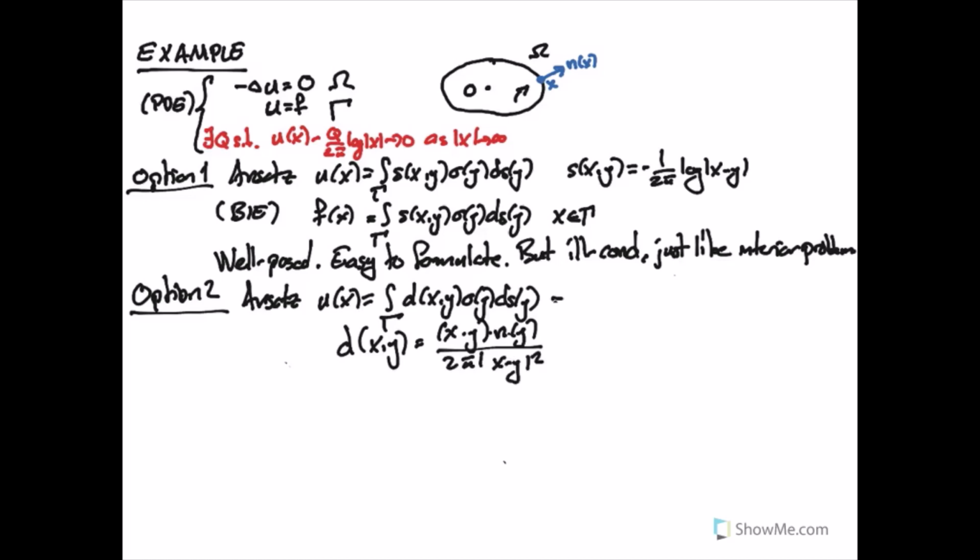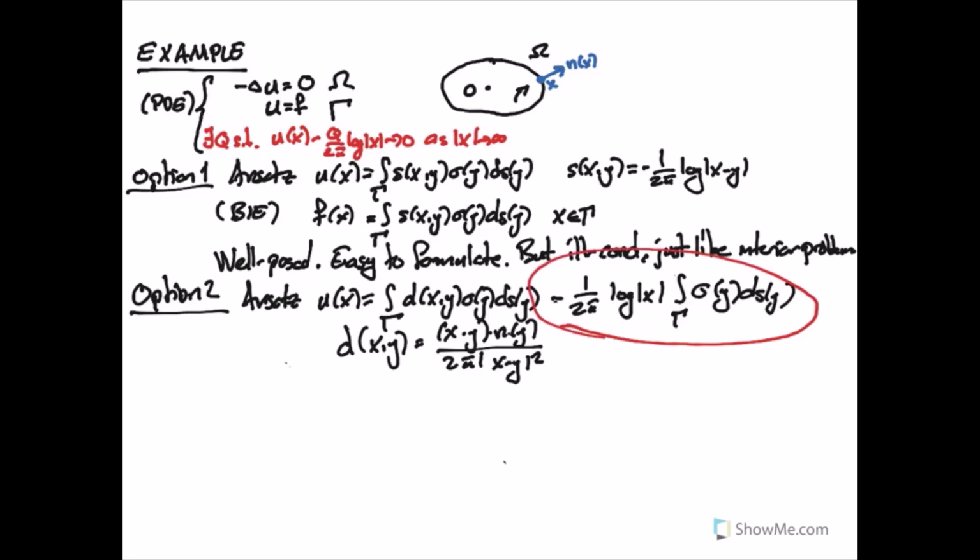Because what I want to do is add a term here, a term that goes as log x. So what I'm doing is that to u, I'm adding this term over here.